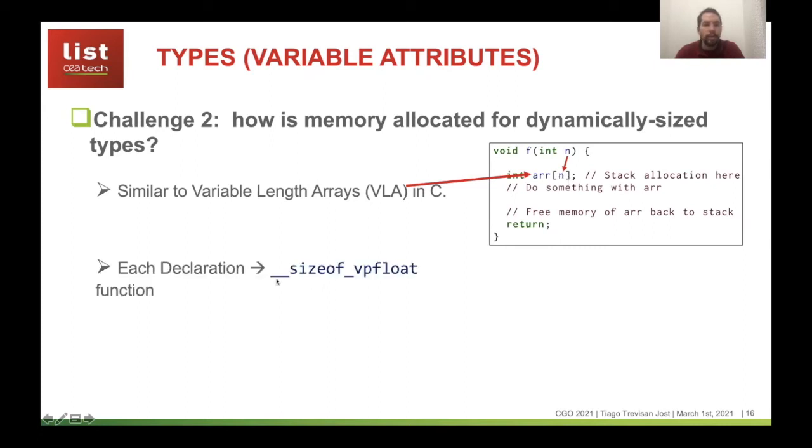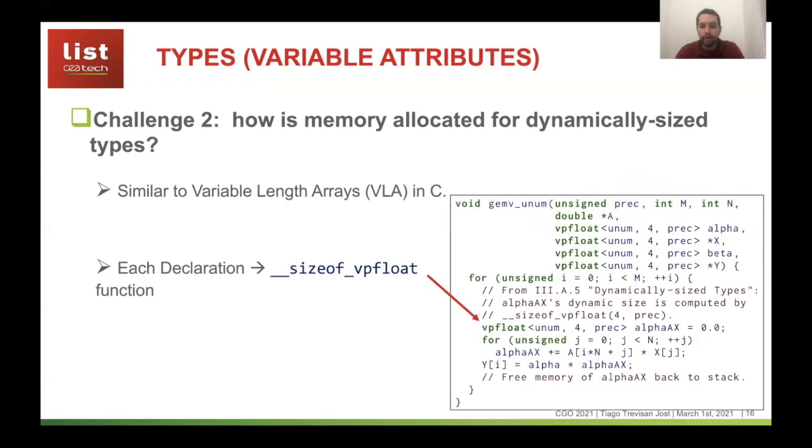So for each declaration of a dynamically sized type, we generate a call to the size of VP-float function that tells us how many bytes of memory need to be allocated. Specifically in the for loop over here, alpha AX will be allocated in memory every time we go into the loop. So every time, we call the size of VP-float function that tells us how many bytes need to be allocated.